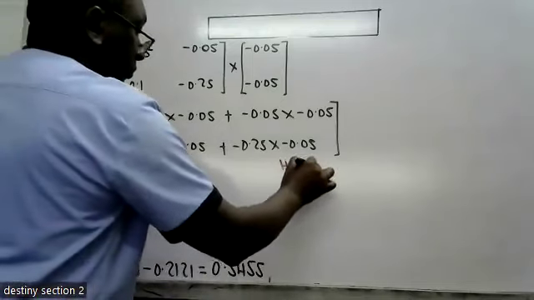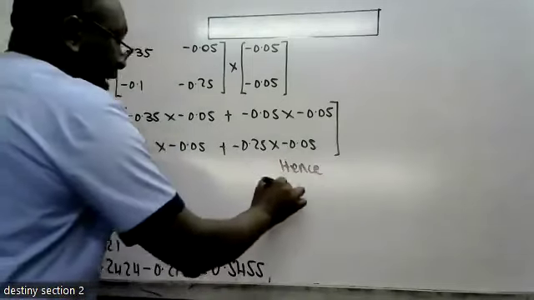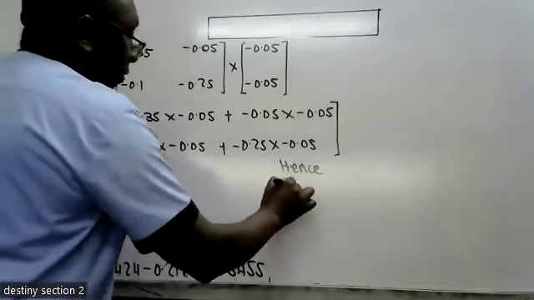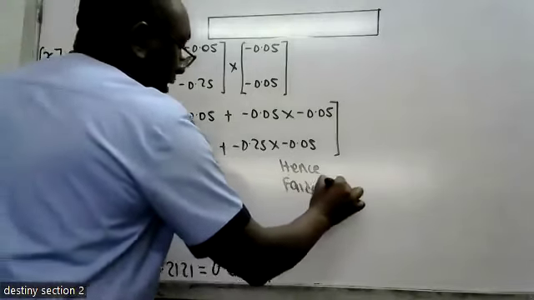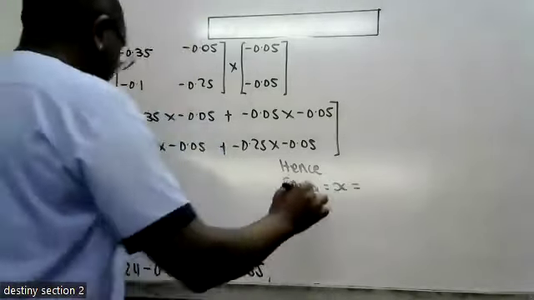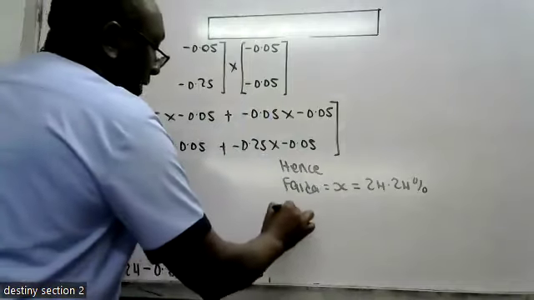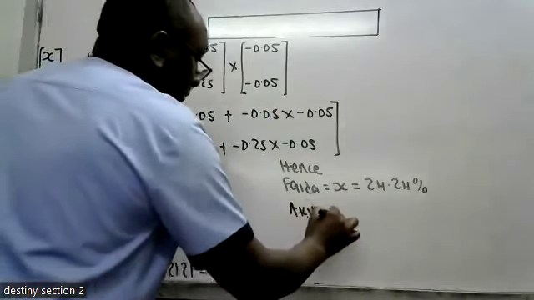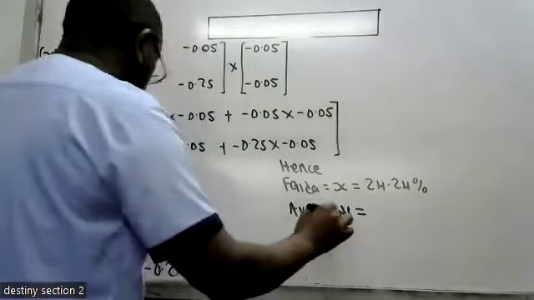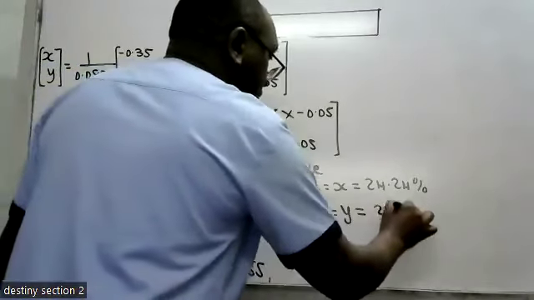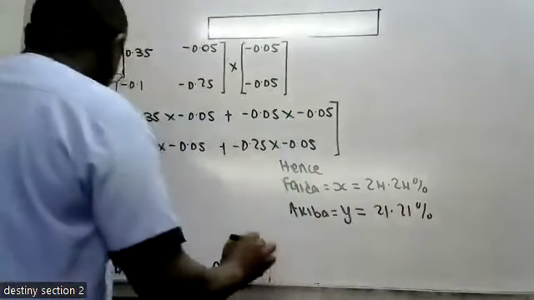Hence, faida ndio ilikuwa ya kwanza, faida which was represented by x. It is commanding 24.24%. Huyu mwingine akiba, who was represented by Y, is going to command 21.21%.